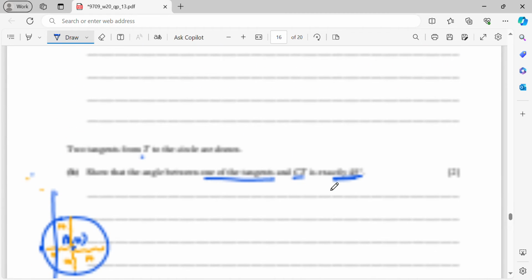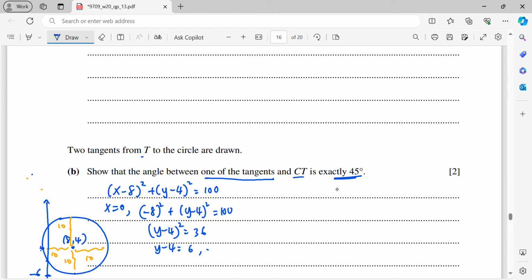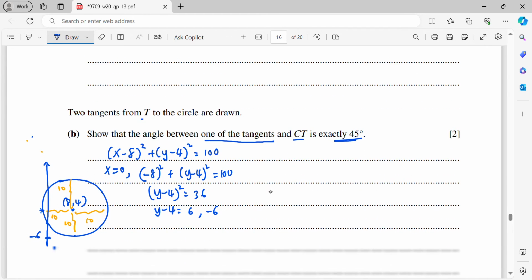So (x minus 8) squared plus (y minus 4) squared equals 100. When x equals 0, minus 8 squared plus (y minus 4) squared equals 100. So (y minus 4) squared is 100 minus 64, you get 36. So y minus 4 is 6 or minus 6, so your y is going to be 10 or minus 2.